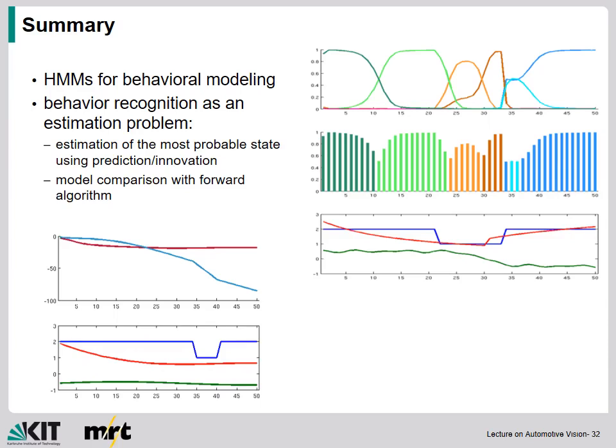That means there are algorithms to estimate the most probable state, and they are based on the classical prediction-innovation step, and they were already introduced in chapter number 5. Besides that, we introduced a new algorithm, the forward algorithm, with which we can also calculate the evidence of different models, and by that compare different models, to see which of them explains the data in the best way.